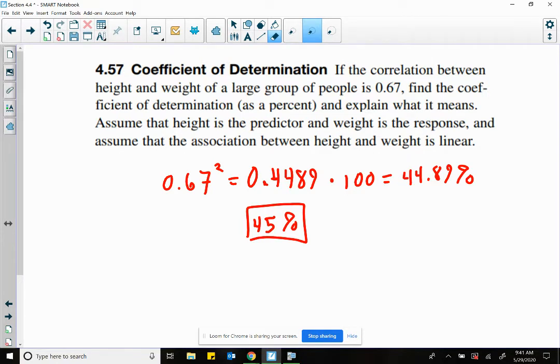They're not the greatest, but they're not the worst predictions. So that's what this means. And there you go, coefficient of determination. See, nothing crazy. You got this. And again, when it comes to explaining, it will be multiple choice in the problem. So nothing crazy there.